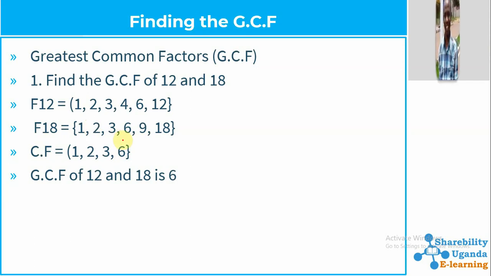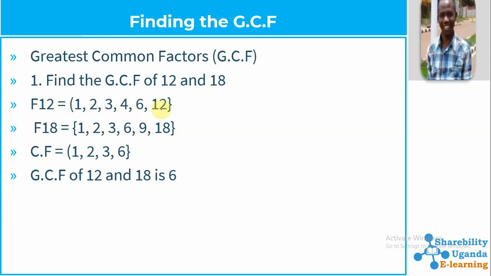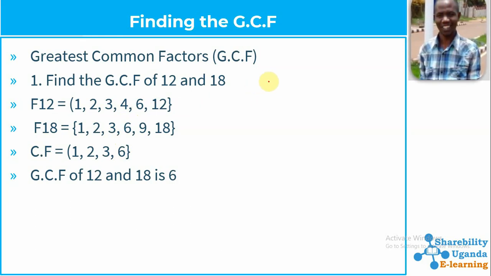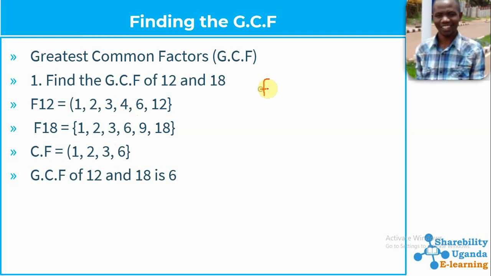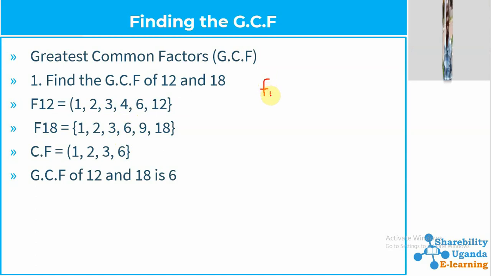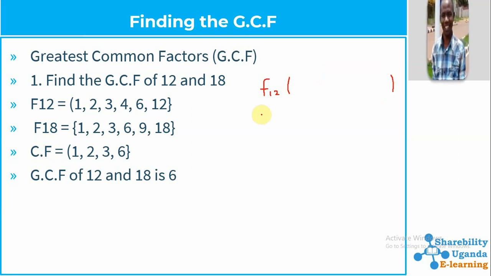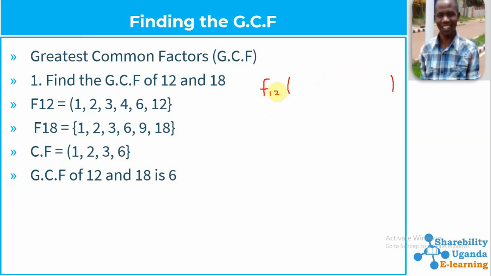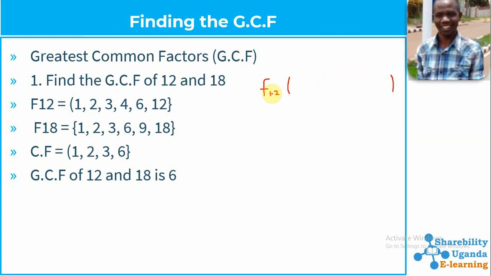Okay, so how do we get these factors? Here we have our factors of 12 as 1, 2, 3, 4, 6 and 12. How did they come up with these factors? We said for us to get a factor of a number, we use the concept that it is a number which, when multiplied by another, gives us the same number, which is 12.